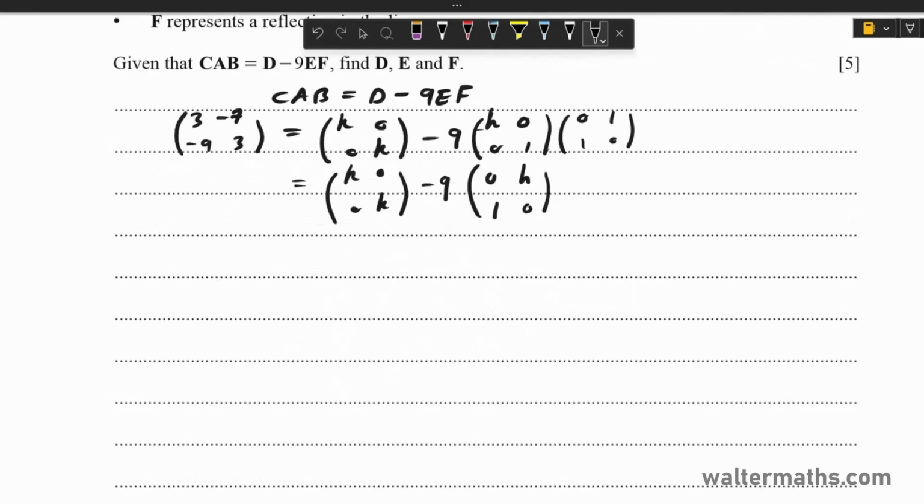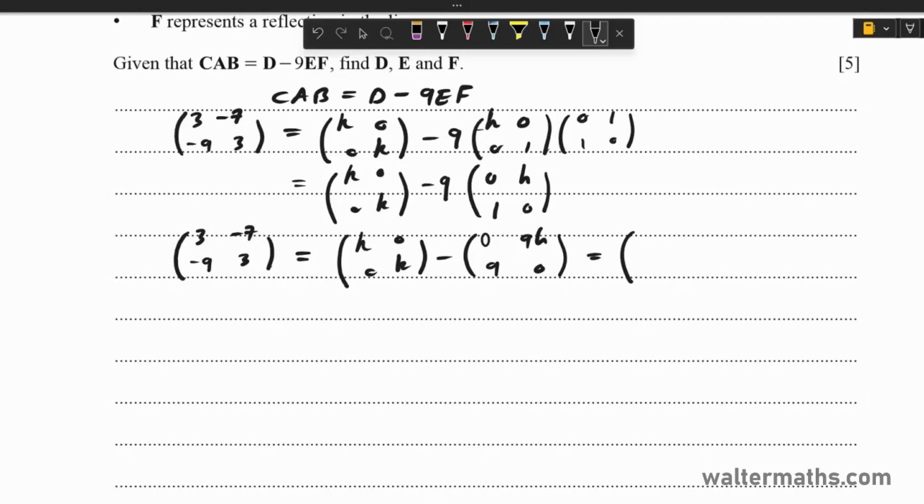So we are saying 3, minus 7, minus 9, 3 is equal to K, 0, 0, K minus, and taking the 9 into the bracket, 0, 9H, 9, and 0 here. Which is the same as K minus 0, that's K. 0 minus 9H, that's minus 9H. And 0 minus 9, minus 9, and K here.